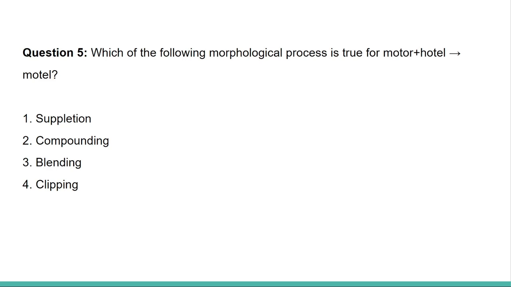So brunch is an example of blending. Whereas in compounding, ice plus cream is ice cream, and you can identify the original word forms, ice and cream. That is possible in compounding but not in blending.